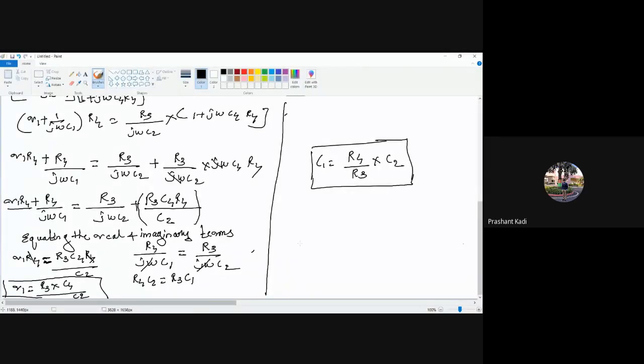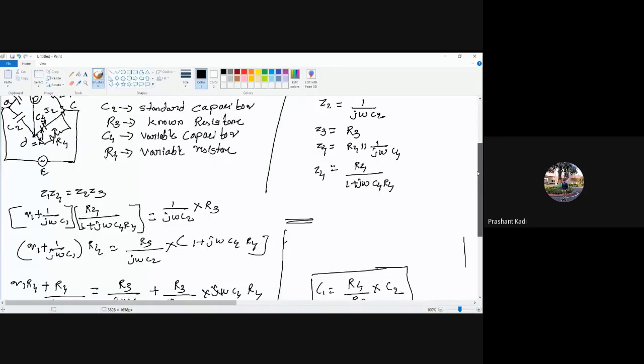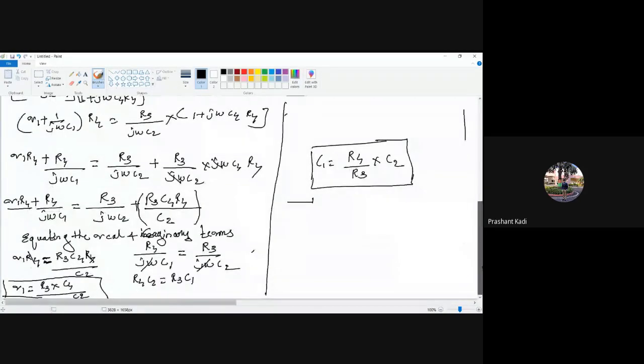Completed? Okay. So finally, once you get the value of the capacitor, its dissipation factor or loss factor is given by, just remember the equation, dissipation factor is given by tan delta.